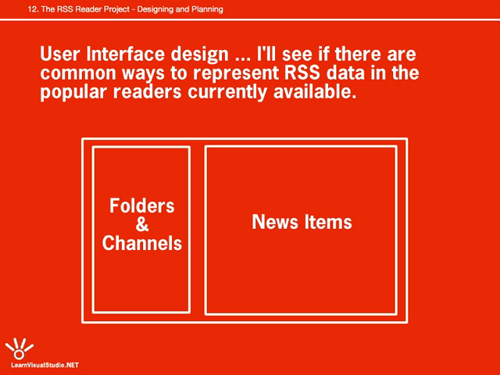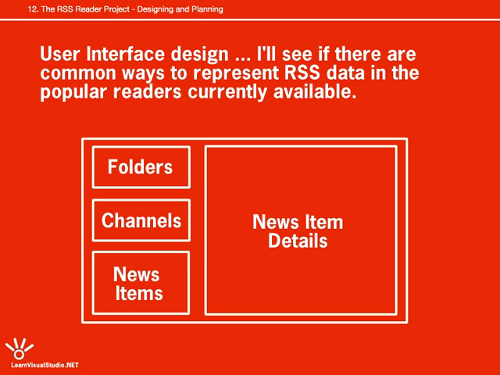So we'll have a list box that'll contain all of our folders, and by selecting one of the folders we'll see a list of channels that are in that folder. And then by selecting one of the channels, we'll see all of the news items that are associated with that given channel that have been pulled down from the RSS feed.